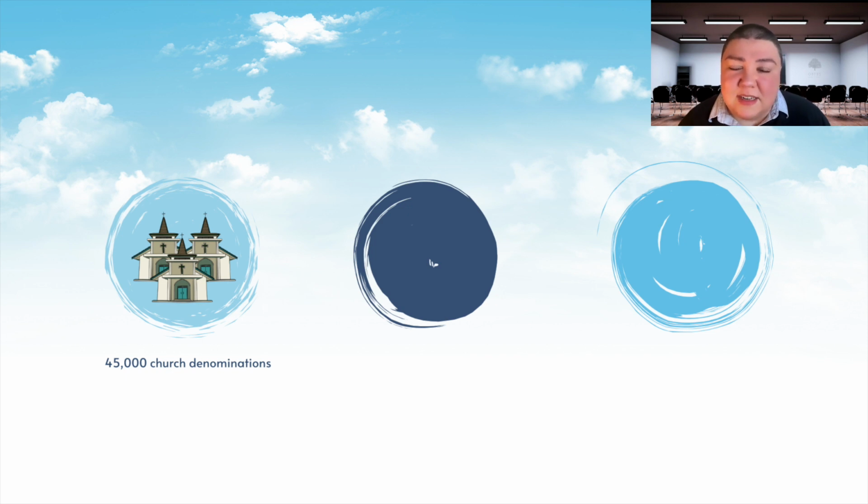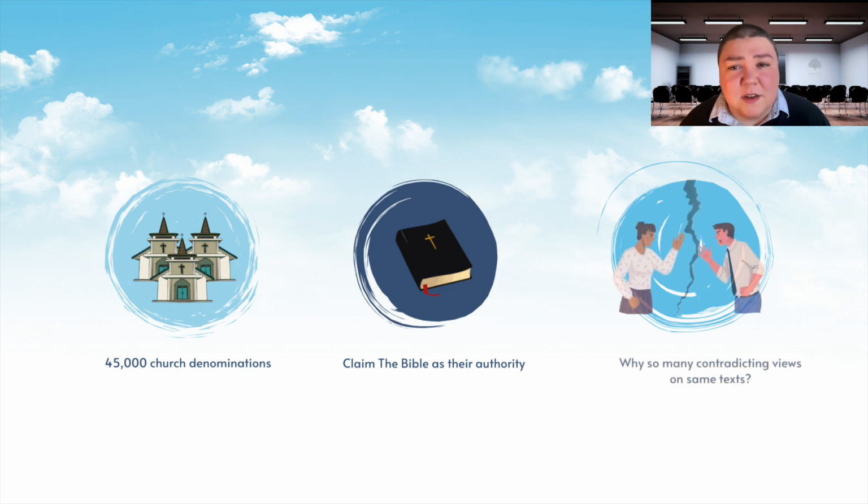Almost every single one of these 45,000 denominations claim the Bible as their book of authority. Almost every one of their belief statements will assert the Bible as being their inspiration, their guide, and where their beliefs stem from.